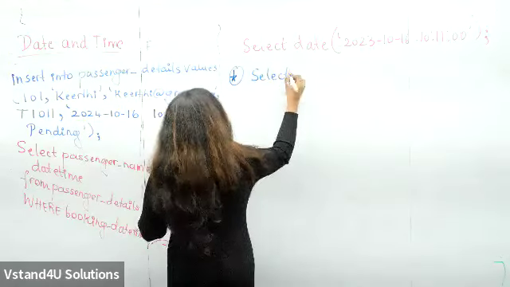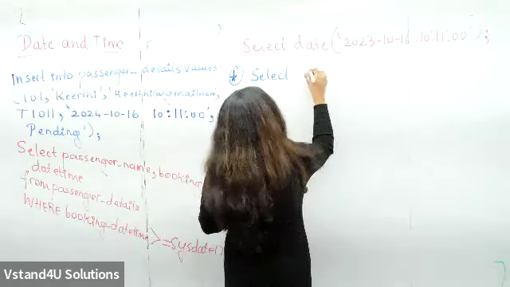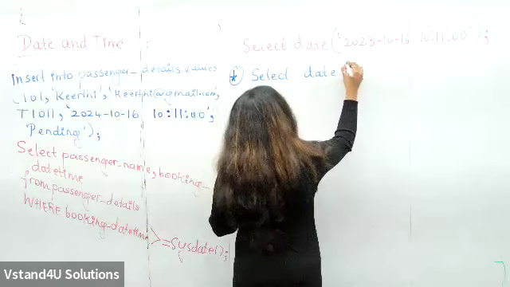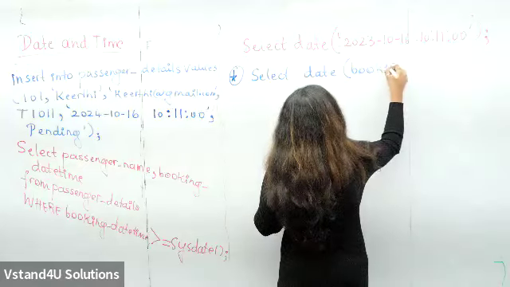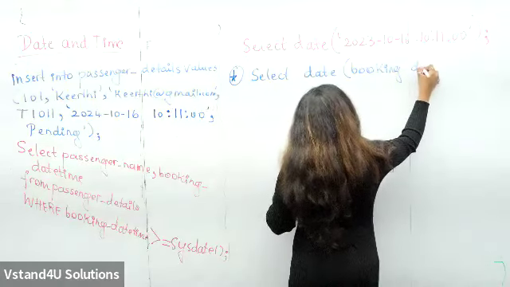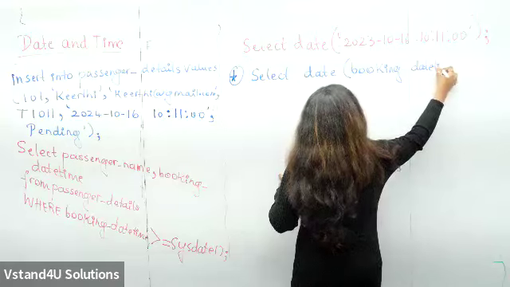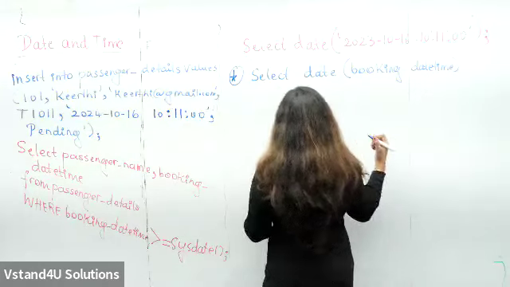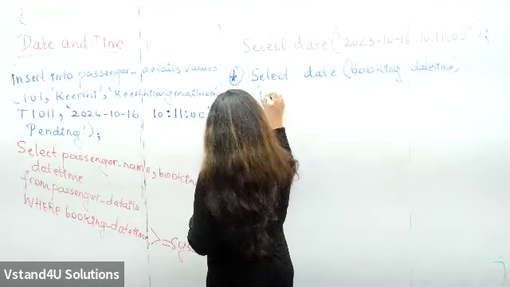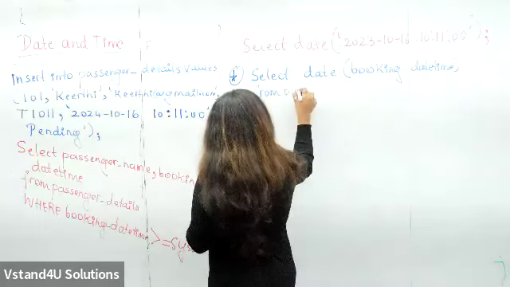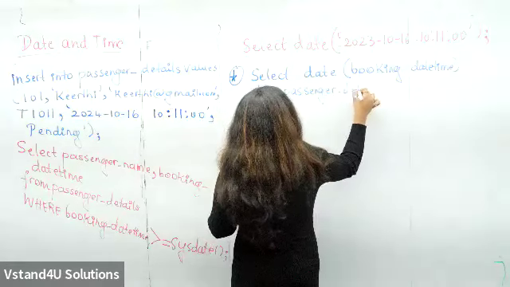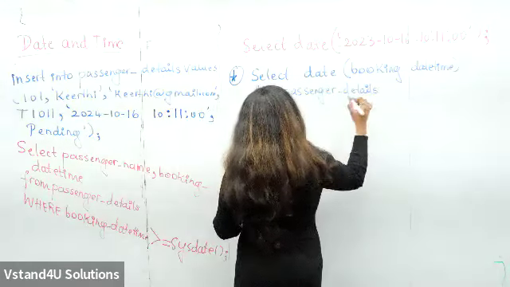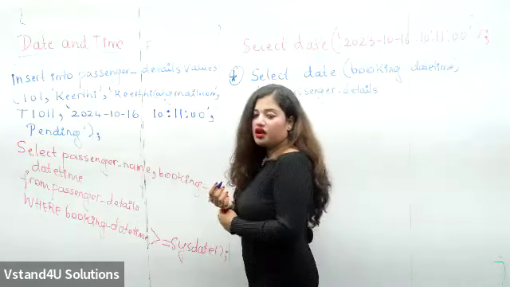Select. They are telling you to extract only the date. From which column? From the column called booking date time. Yes or no? From which table? From the table called passenger details. What is the condition they are saying?